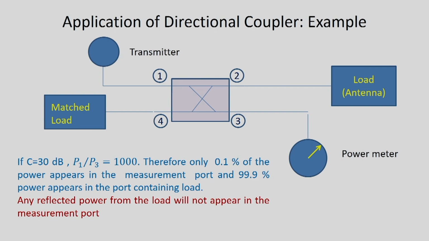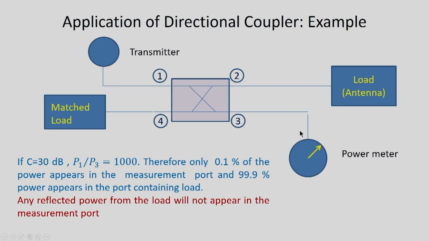For example, if we have C is equal to 30 dB, then P1 by P3 is 1000. That means P3 is 1/1000 of P1, which is actually 0.1%. So, this measurement port will get 0.1% of the power, whereas the load will get 99.9% of the total power.